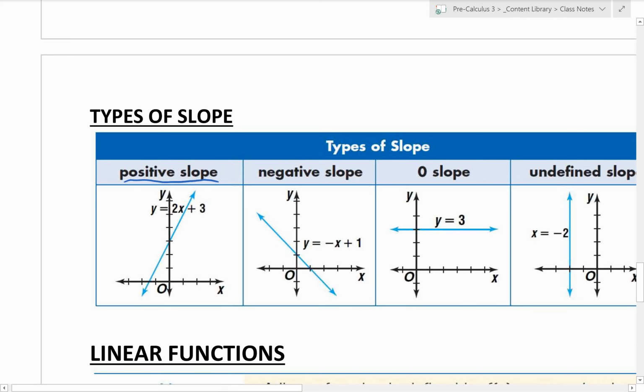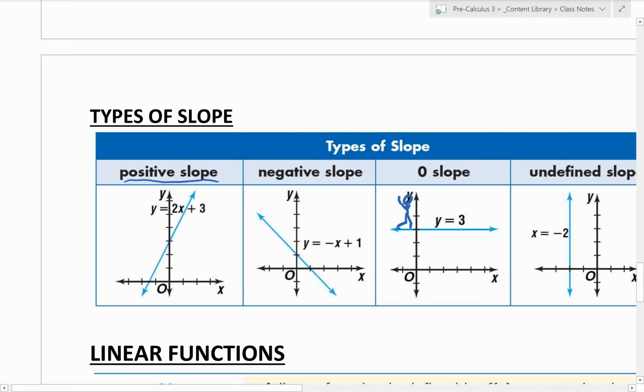A zero slope means that we're not moving up or down as we go from left to right. So we would have a graph like we see here, nice flat horizontal. Think about if you were walking on terrain that had no slope. That means you're walking on nice flat ground, right? Here I am walking.